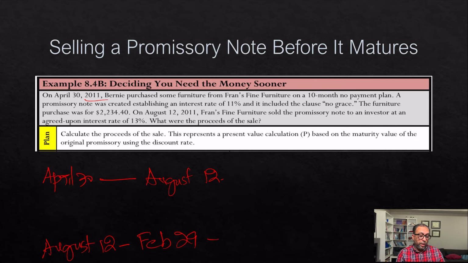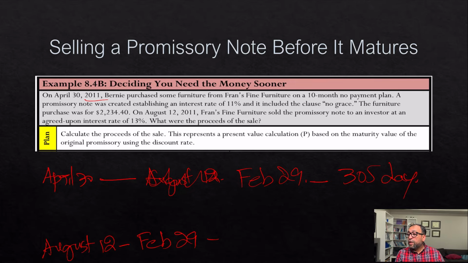So we're going to calculate how many days there are in both the periods. In the first, from April 30th to February 29th, how many days is it going to be? It is 305 days.